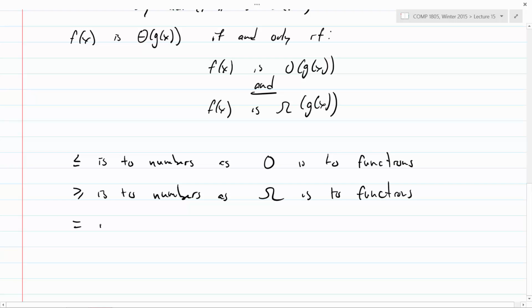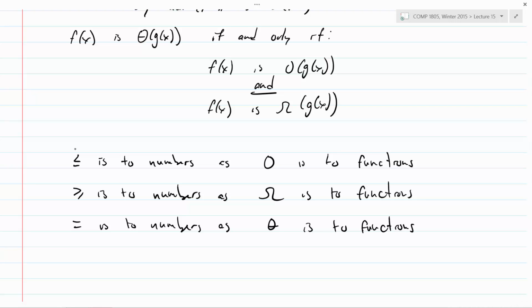And equal is to numbers as theta is to functions. All right, that's one way you can remember what's going on. And the nice thing about this is that the less than or equal that goes with big O, well, that's the direction of the inequality you have to prove, and vice versa for omega.